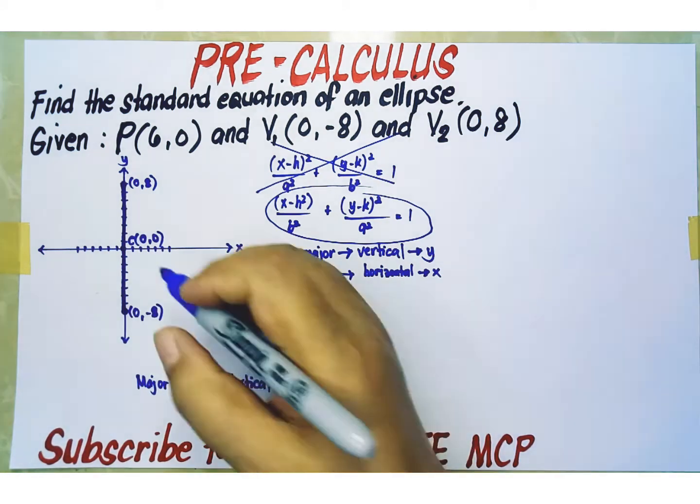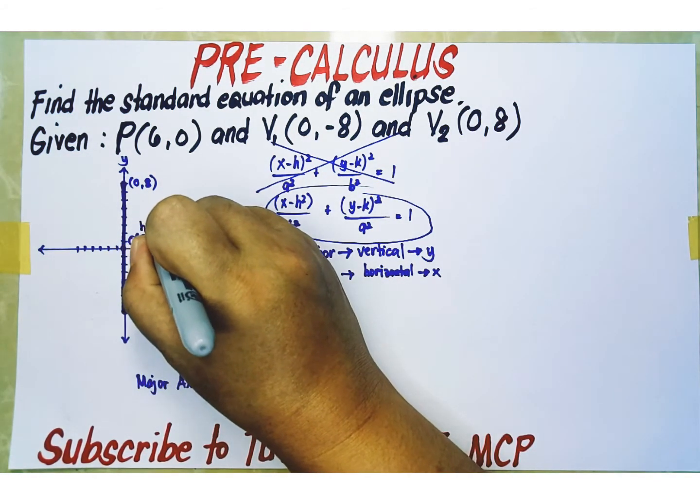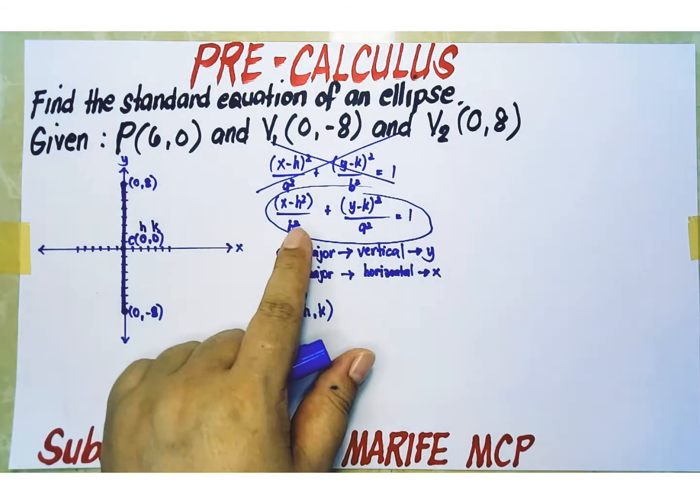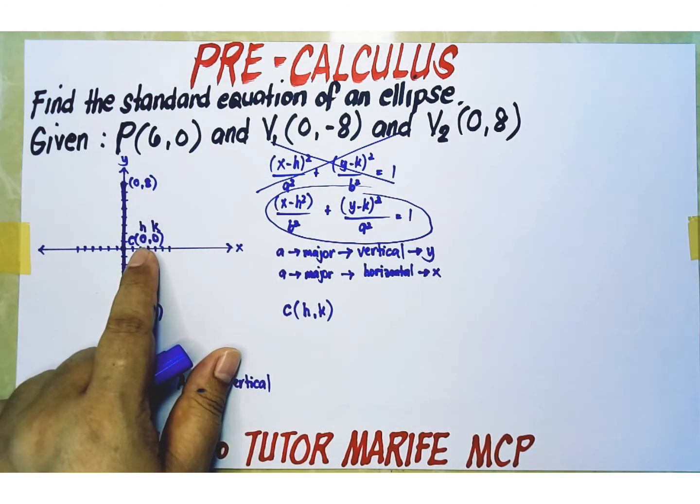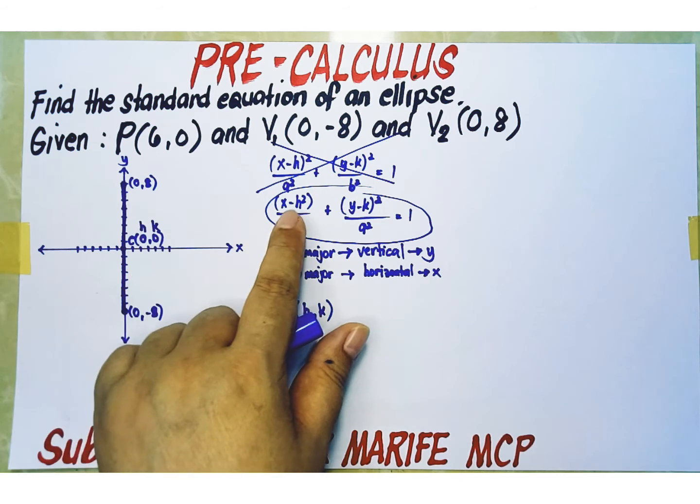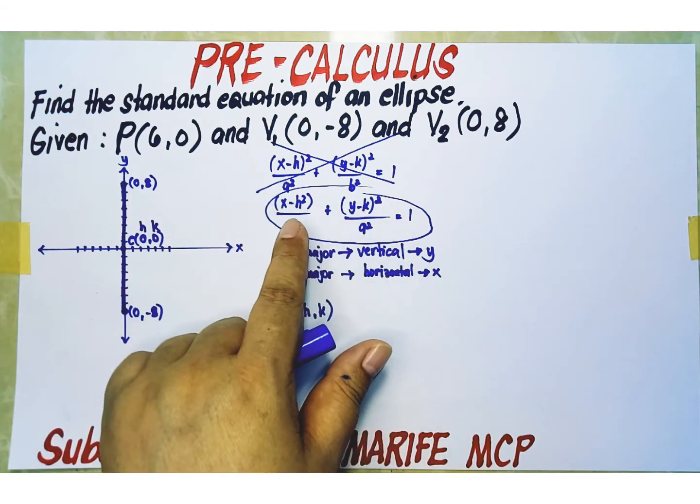Okay, so we know that h is 0, k is 0. You plug h = 0 and k = 0 into this equation.